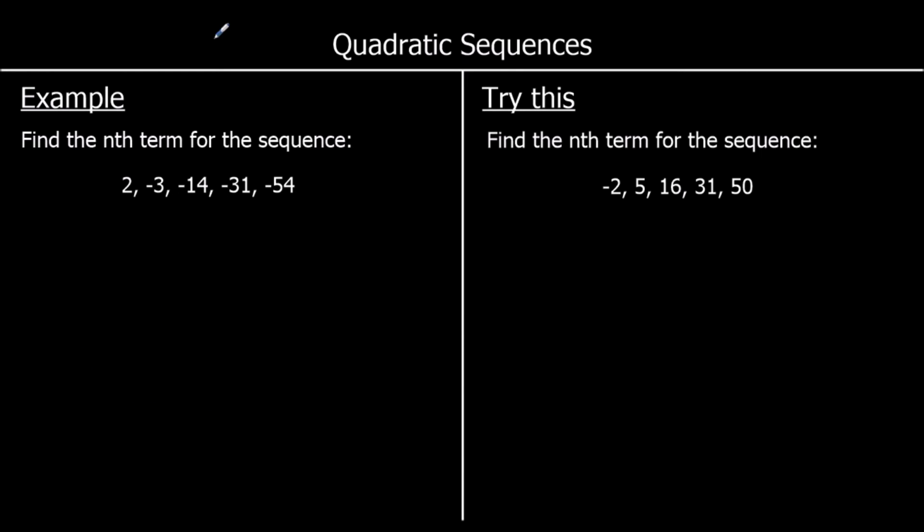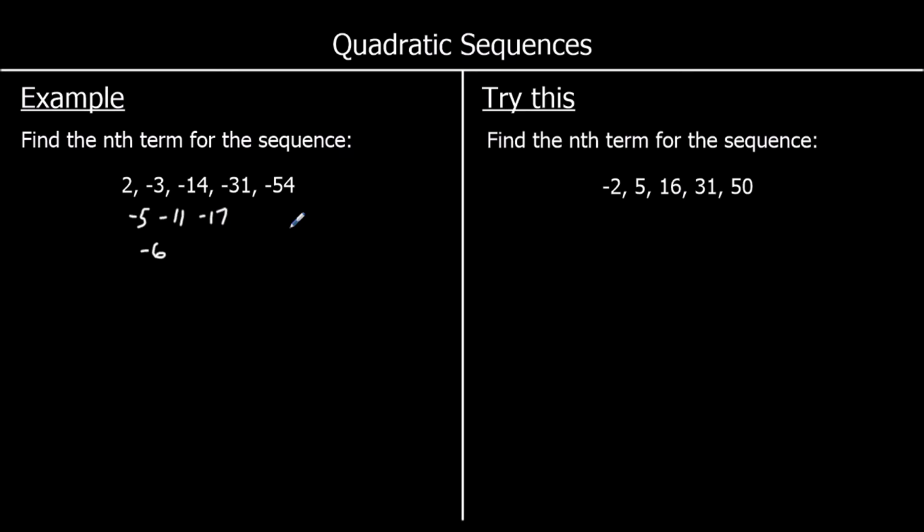So let's work out the differences. From 2 to negative 3 is down 5. From negative 3 to negative 14 is down 11. And we don't need to do any more. The second difference, negative 5 to negative 11, is down 6.